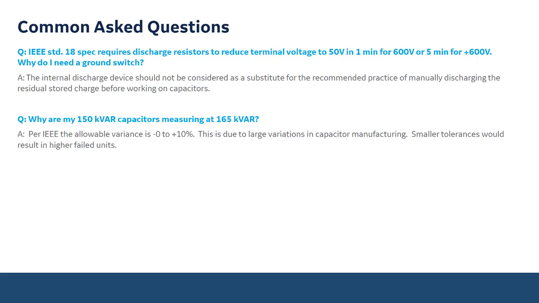Now, even though the IEEE does allow for that -0 to +10%, the expected tolerance of a GE capacitor is tighter, and that floats around 3 to 4%, due to a tighter, more refined manufacturing process.